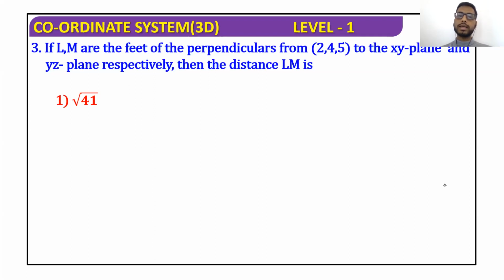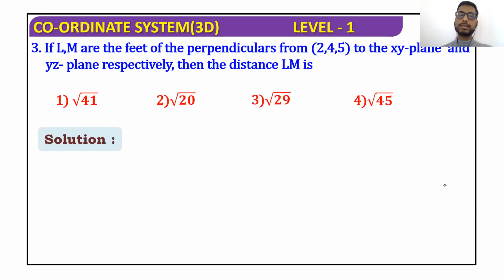When I'm saying that M is the feet of perpendicular from point (2, 4, 5) on yz plane, it means coordinates of M are going to be 4 and 5. X coordinate is 0. So I can say its coordinates are 0, 4, 5. I have my L coordinates, M coordinates, apply distance formula and get answer.